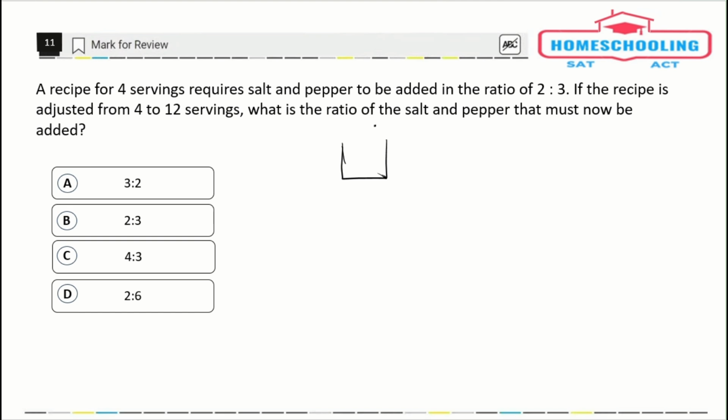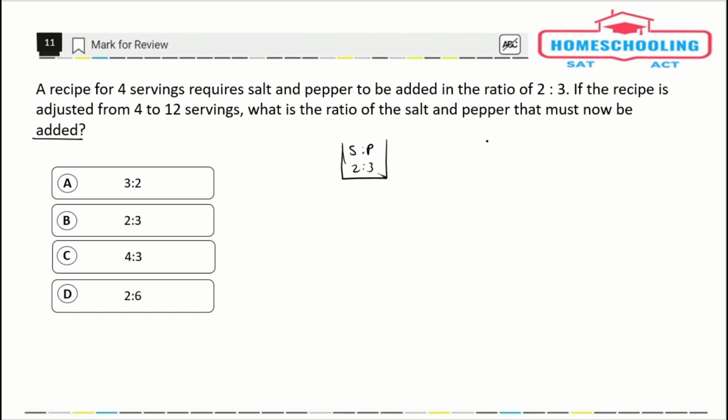Here the ratio of salt and pepper is 2 is to 3. If the recipe is adjusted to 12 servings, what is the ratio of salt and pepper that must now be added?